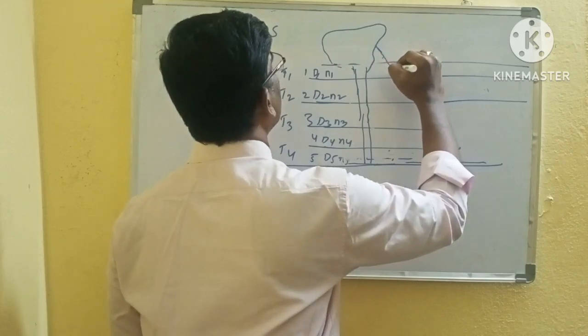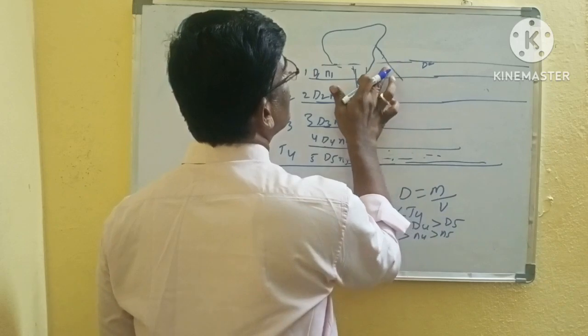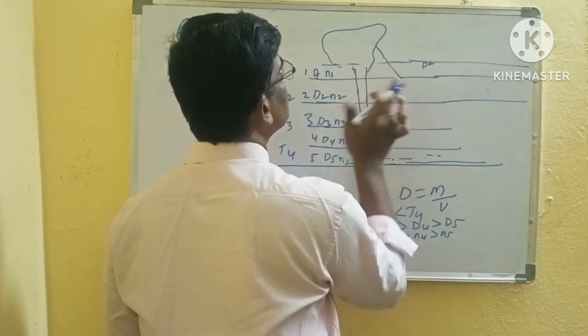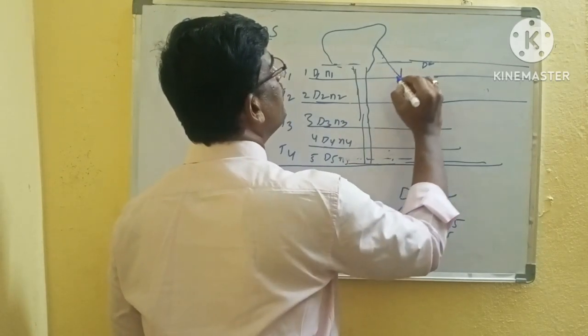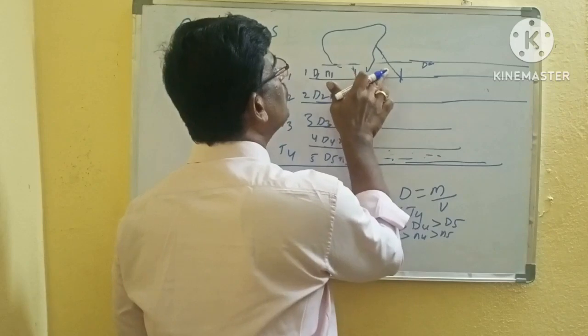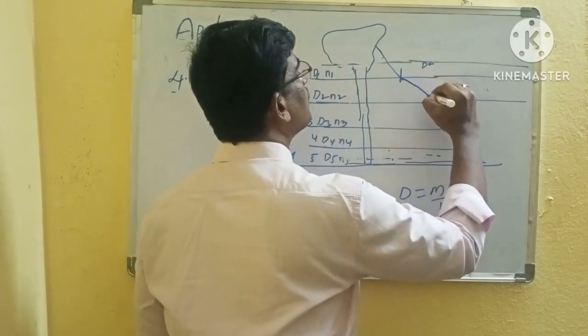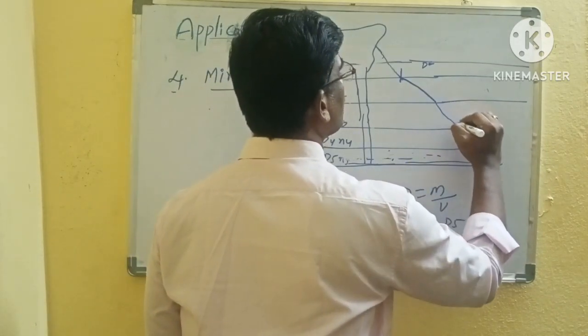This one is a denser medium and this is a rarer medium. So going from denser medium to rarer medium, the ray bends away from the normal. After that, this one also bends away from the normal.